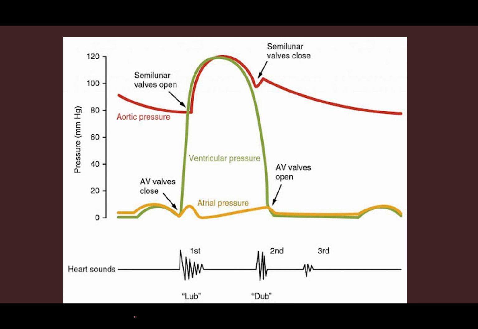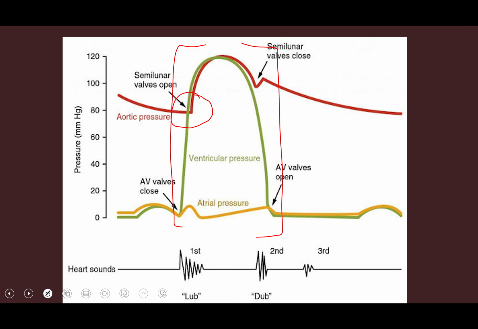Alright. So what we just described was this, right? So the ventricular pressure continued to rise until it surpassed, look at here, look at when it surpassed our aortic pressure, right? And then that is when the valves open.